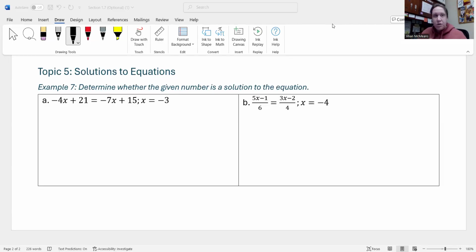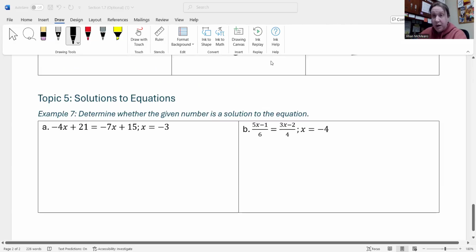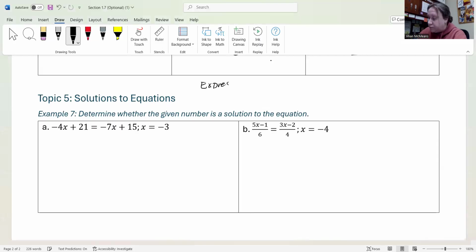So one thing I do want to remind you all, we talked about this in a previous video, but there's equations and there's expressions. Expressions versus equations. The big obvious difference is that an expression has no equals and an equation has an equal sign.